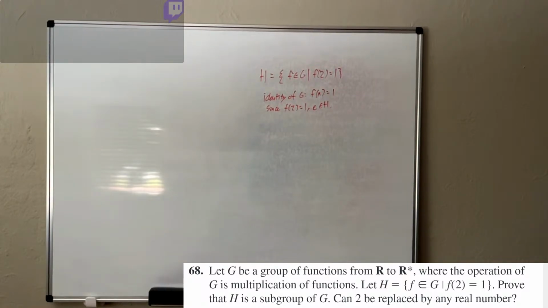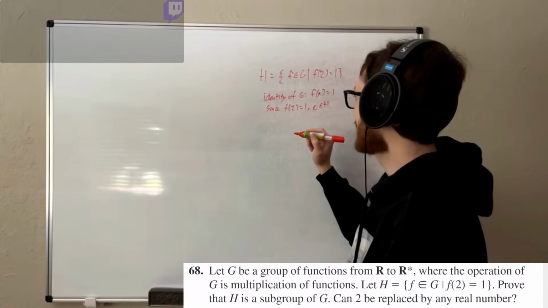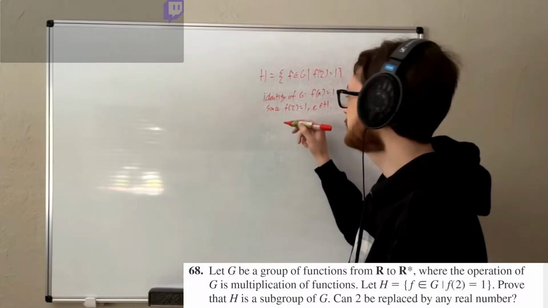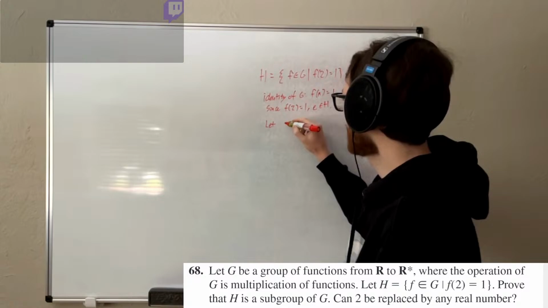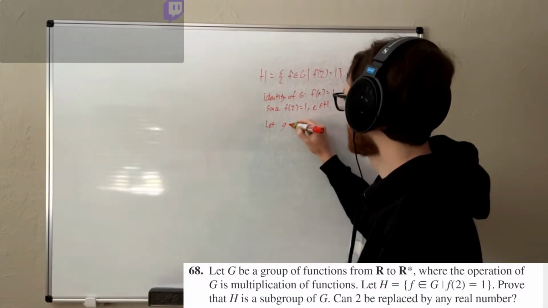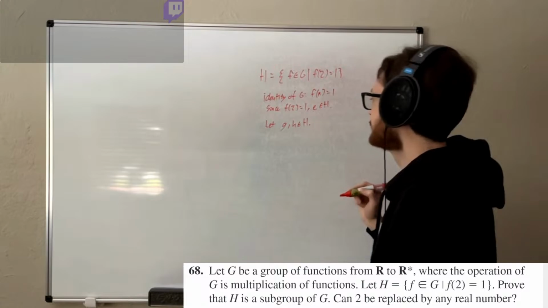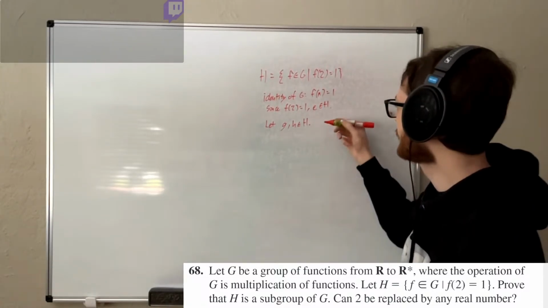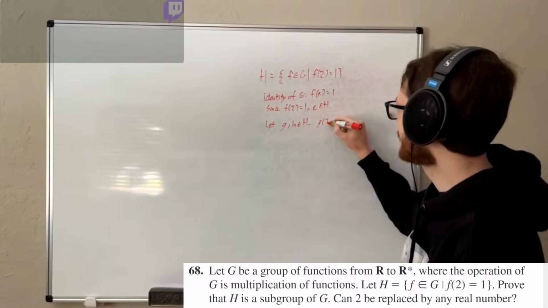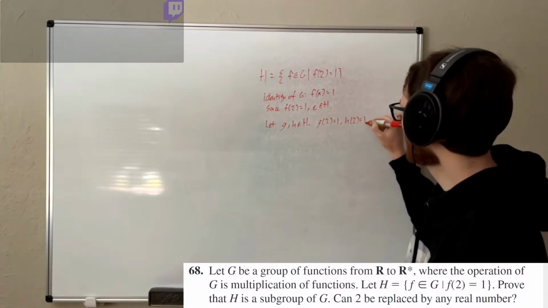So now we need to worry about closure. Let g and h belong to H. That means we know g of 2 is 1 and h of 2 is 1.